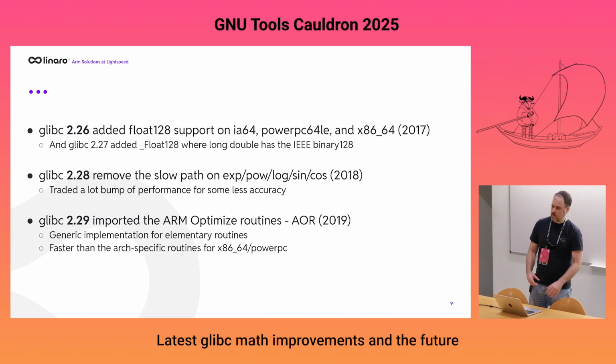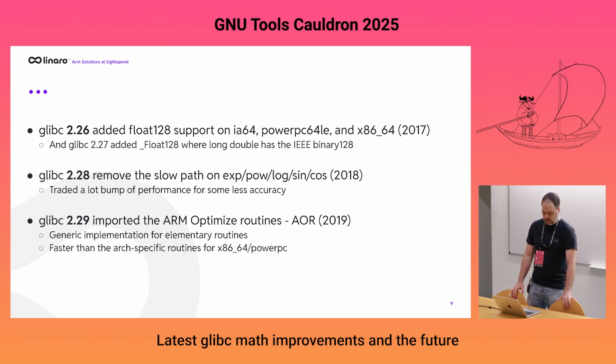So we just removed the code support. I think we did this on the whole release. I think on 2.28 we removed all the code. There are some lingering files, but basically we no longer have this multi-precision internal library to support this.